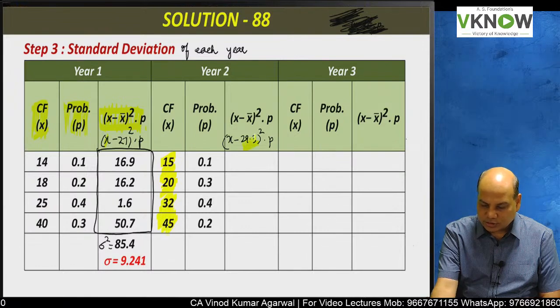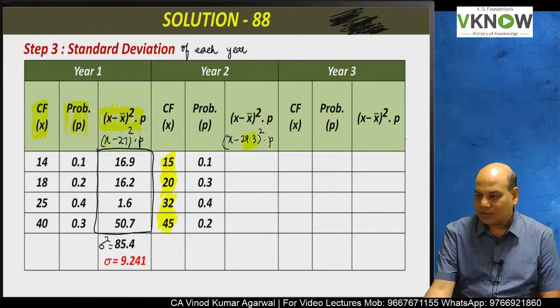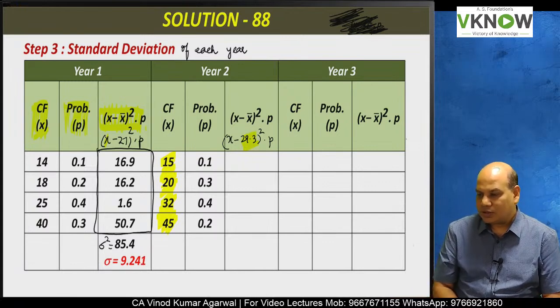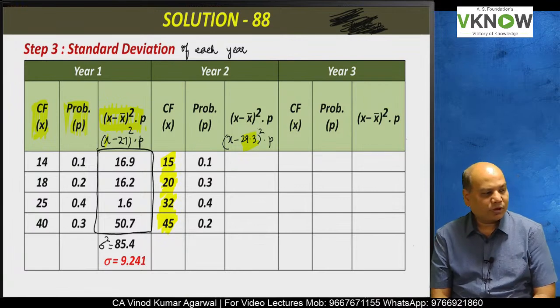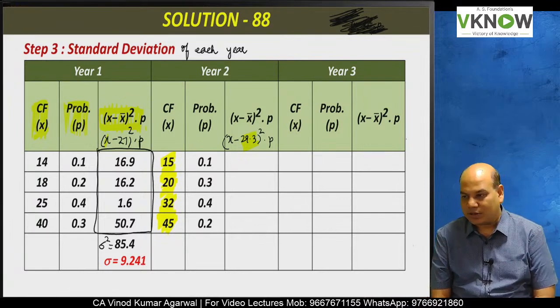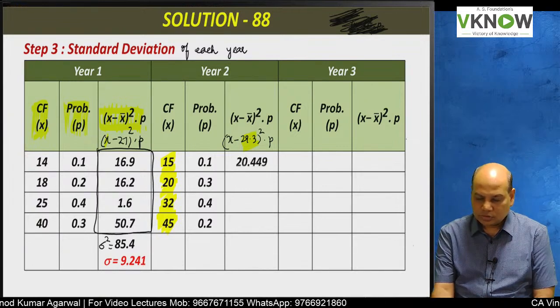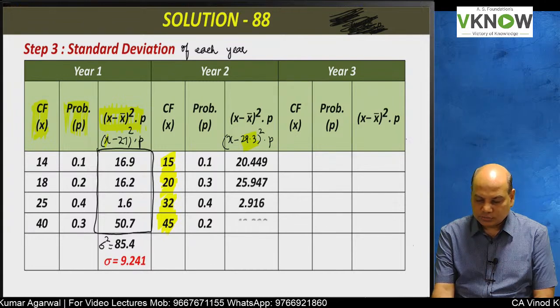This is 29.3 square into probability. Total of the year 2, please reply. Total of the year 2 is how much?